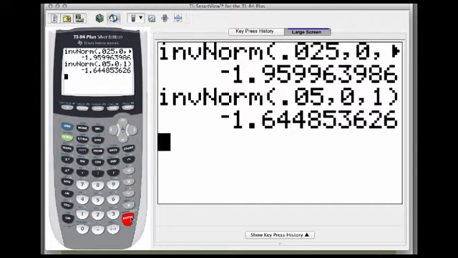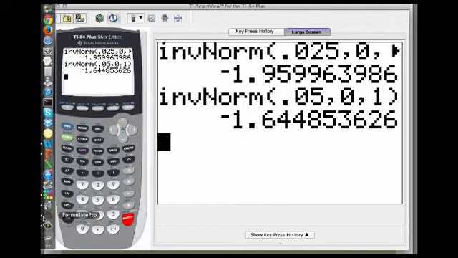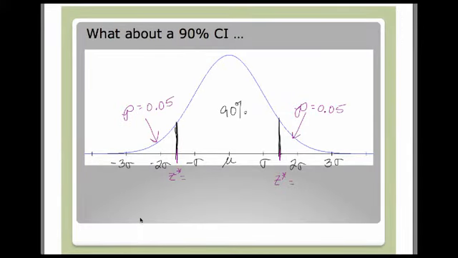So remember that number. And again, they're symmetrical. So this 1.645, that's the critical value for a 90% confidence interval.